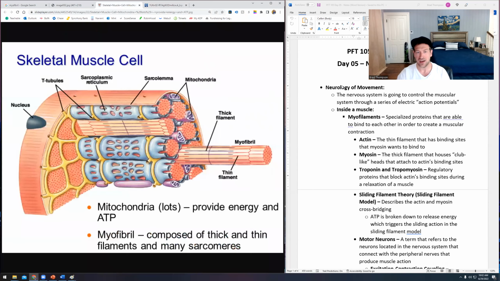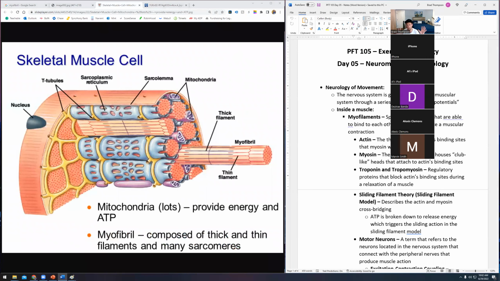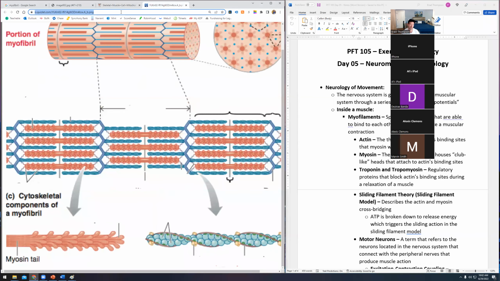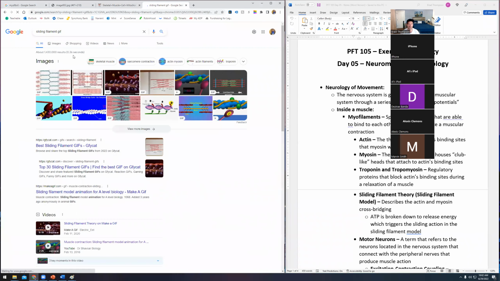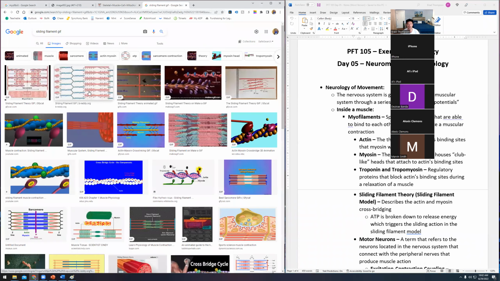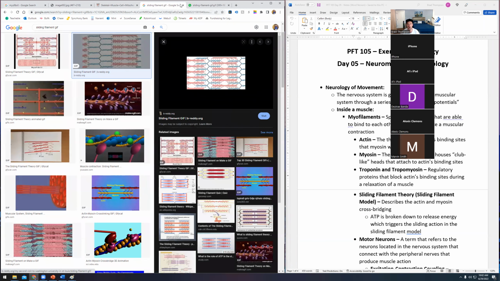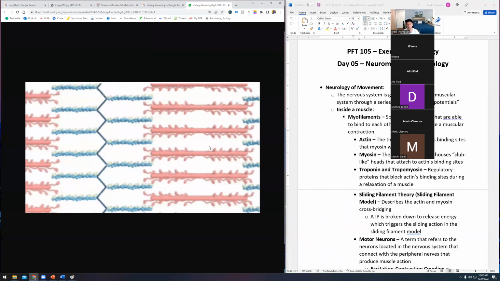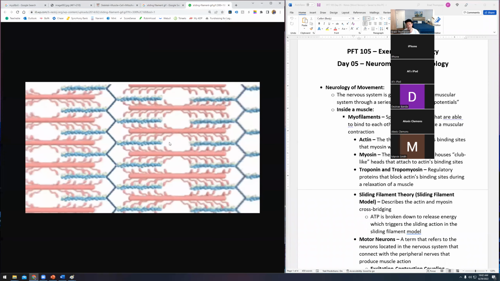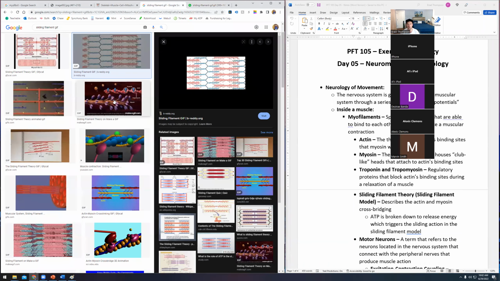Let's go ahead. I know this has been a lot of anatomy, but this is where we got to watch another video that's going to show you all of these proteins and this sliding action. This is what we're looking for: the sliding filament. If we're looking at how these proteins are binding up, this is what it looks like in all the sarcomeres simultaneously. Every one of those myofibrils slides the little actin strands towards their center.